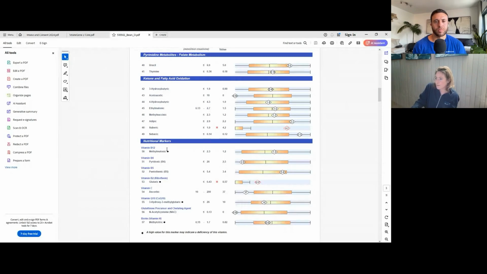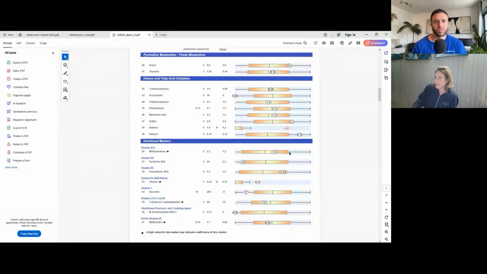I may see vitamin B12 high, which in this case you would read the opposite way around. A lot of the markers here with the asterisk, if they're high, they're actually a deficiency. So I may see B12 deficiency, and I'd be like, okay, all of these indications may be pointing to poor or suboptimal SAM production.